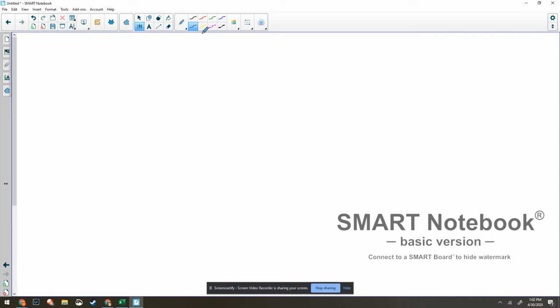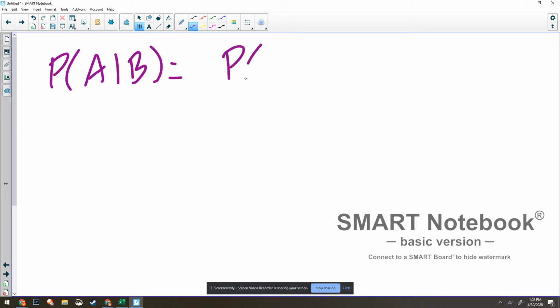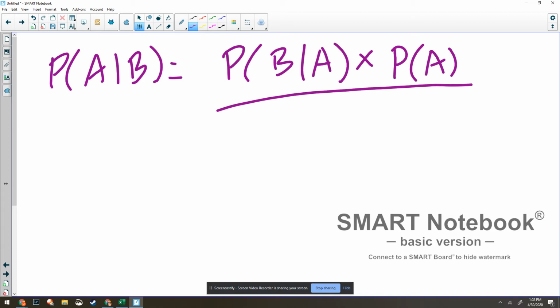Okay, so Bayes' theorem says that the probability of A given B is equivalent to the probability of B given A times the probability of A over the probability of B. Okay, so this is Bayes' theorem.